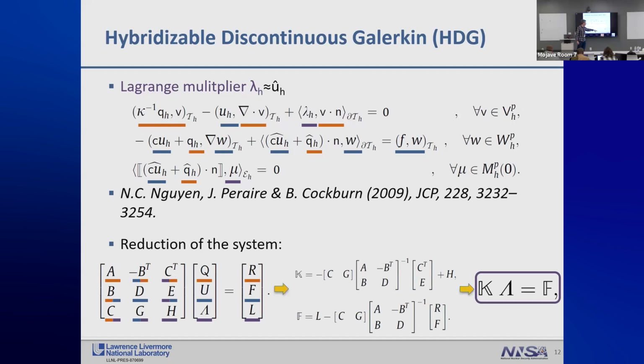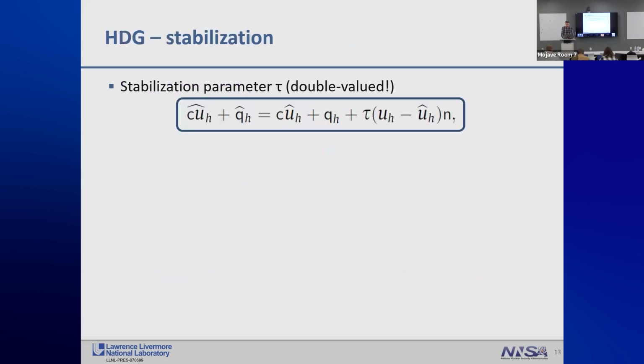We reduce the system only to the trace unknowns, lambdas. But what is key here for the proper definition of the method is again the specification of the traces and the stabilization level in the end of HDG.